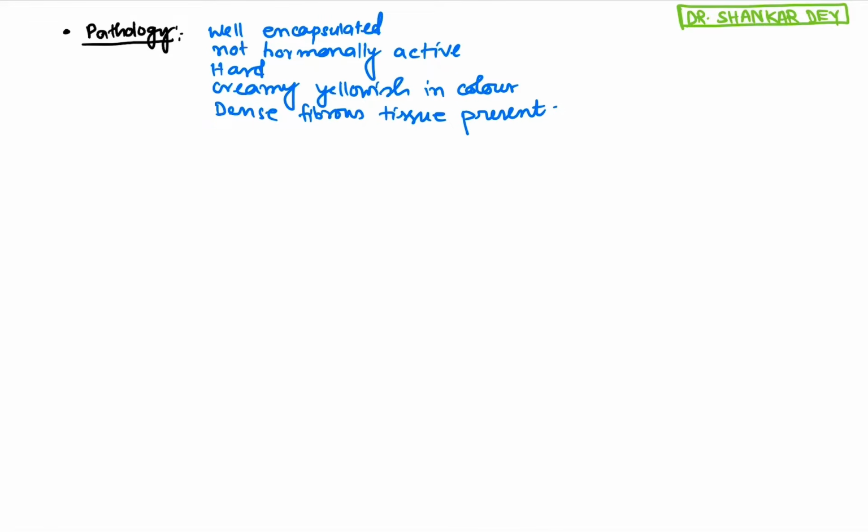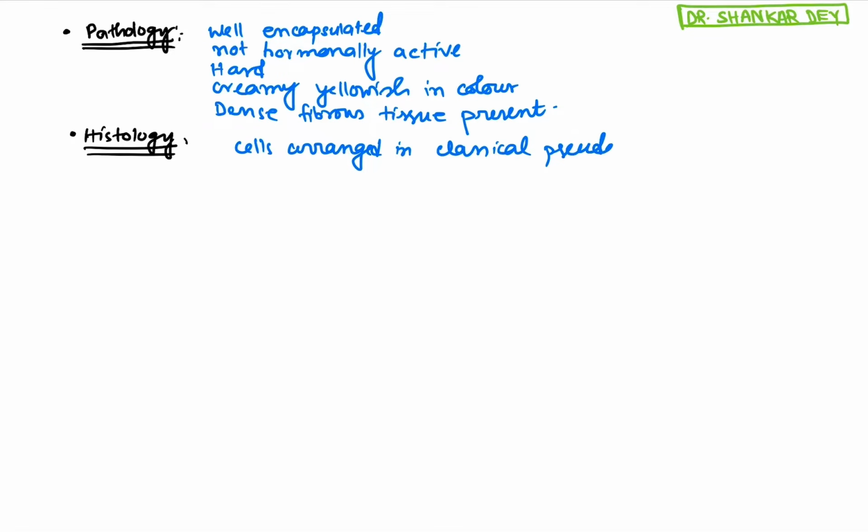Now, what are the histological features of carotid body tumor? Histologically you will see cells arranged in a classical pseudo-alveolar pattern, also known as the Zellballen pattern.